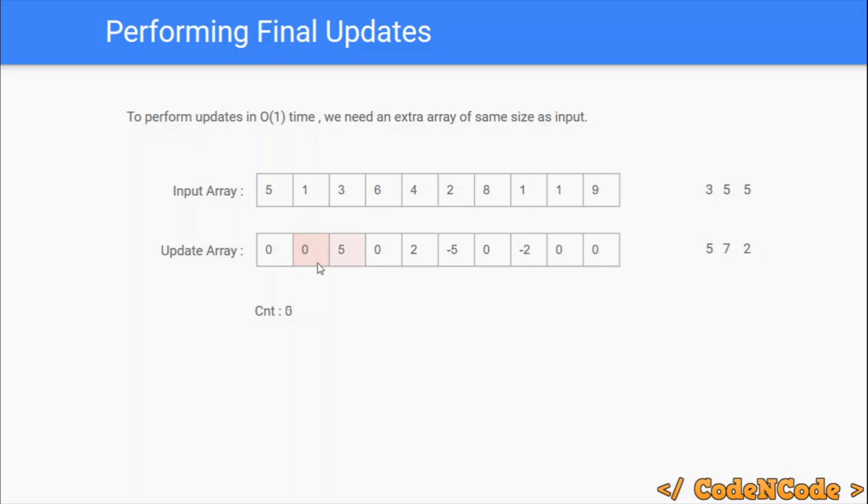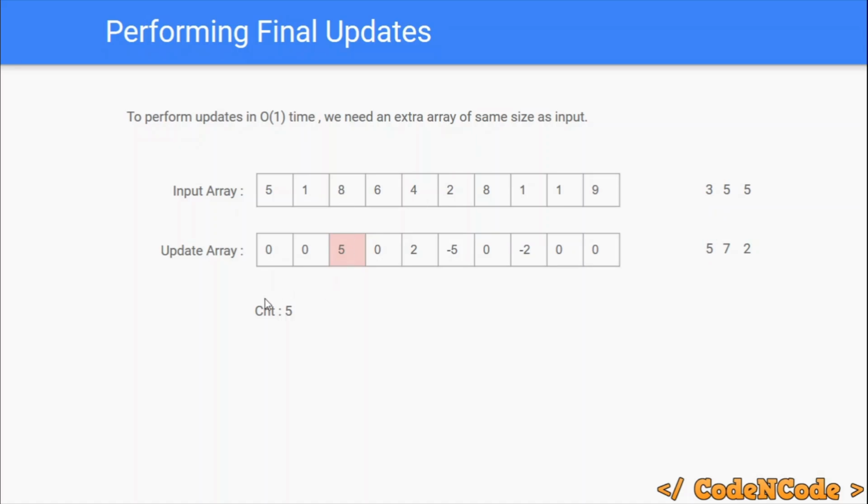Now i is equal to 3 and the value here was 5, so we added 5 to count, so now count is 5. Now go to position 3 and add count here. Now this value would become 8. So you see, at index 3 we had to add 5, and now we have added 5 here.